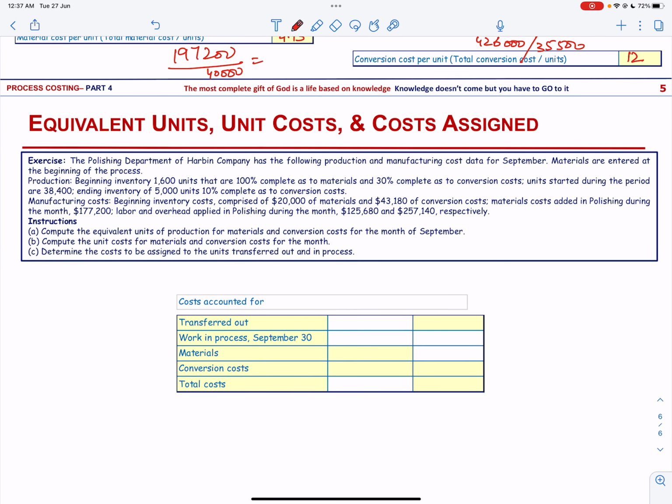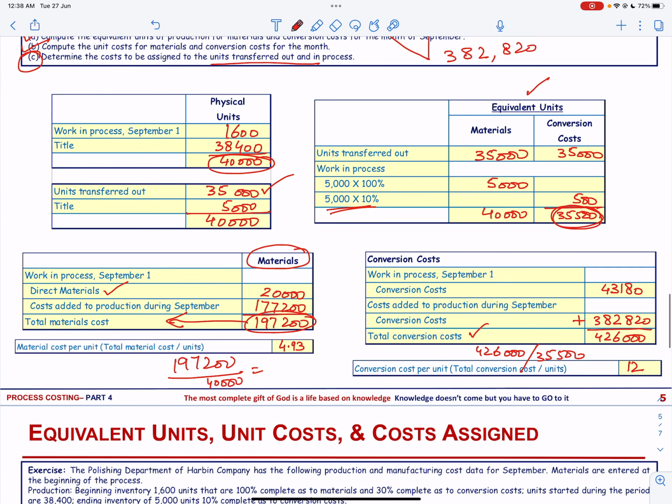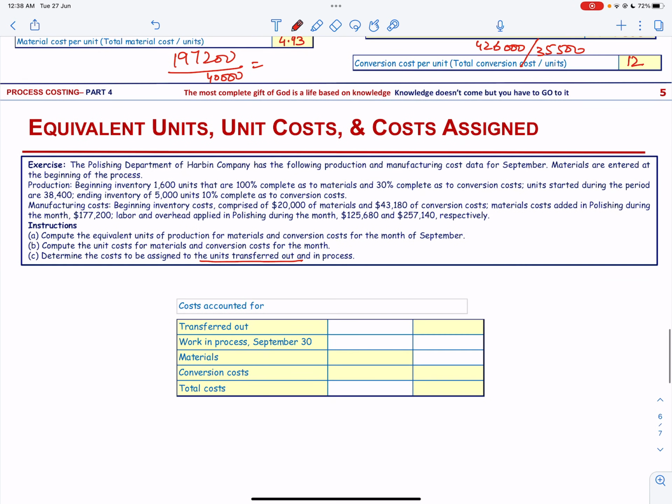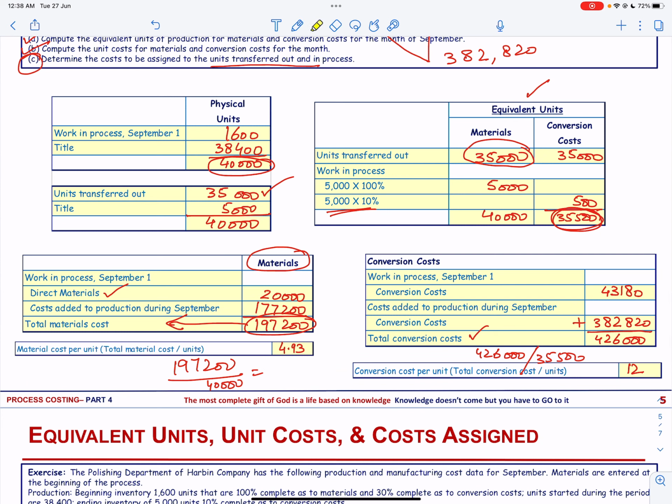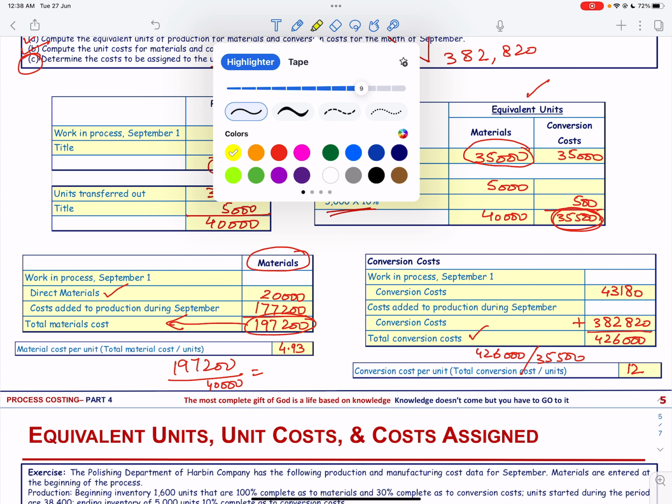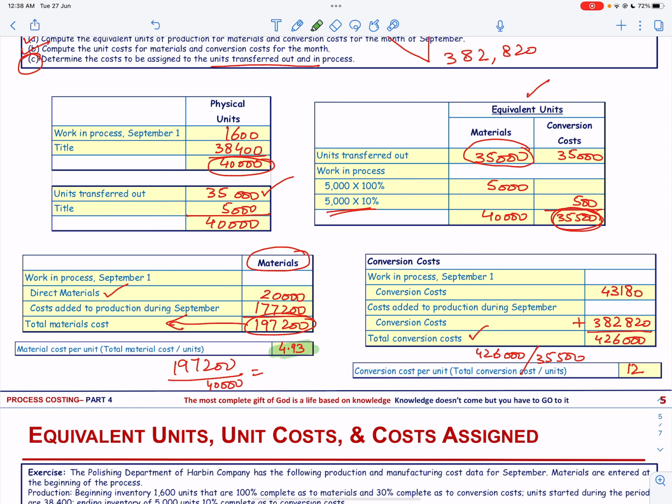Now for this, the cost to be assigned to the units transferred out in process. Now we can see that we have the material, and the material was 35,000. Total units transferred out. So we have 35,000, and we are going to multiply it by the rate, and the rate we have calculated is 4.93 plus 12.